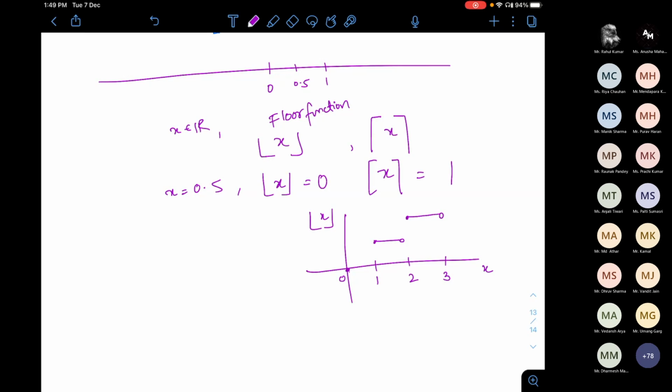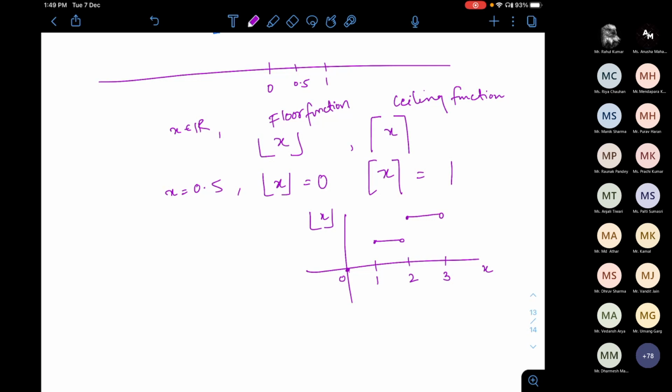Ma'am, is this function the same as the greatest integer function? Yes, the floor function is the greatest integer function. What is the definition of the greatest integer function according to you?